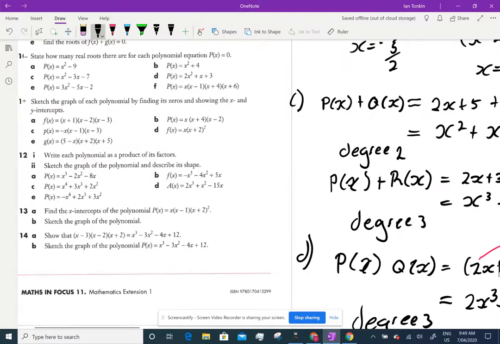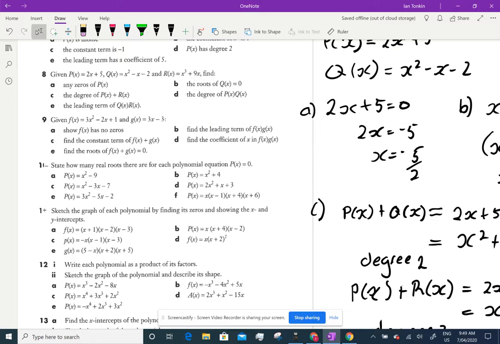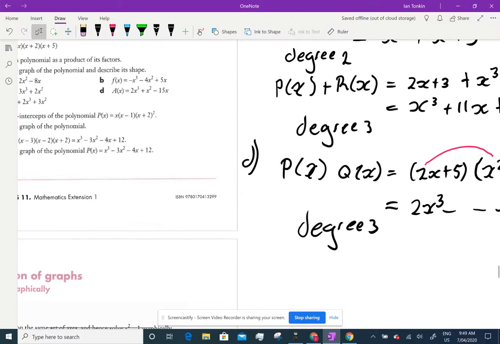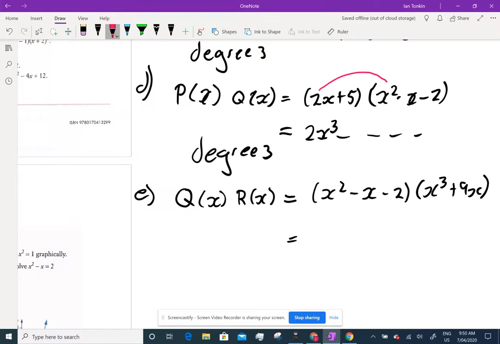Now, the leading term of q of x times r of x. Remember, all I'm looking for is the leading term. So it's x squared minus x minus 2 times x cubed plus 9x. Now you can go and multiply all those things, but the leading term is going to come from those two.